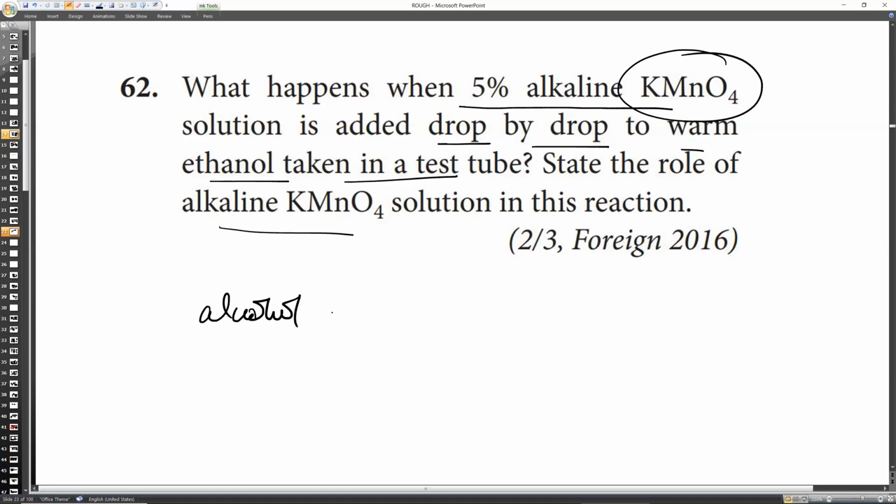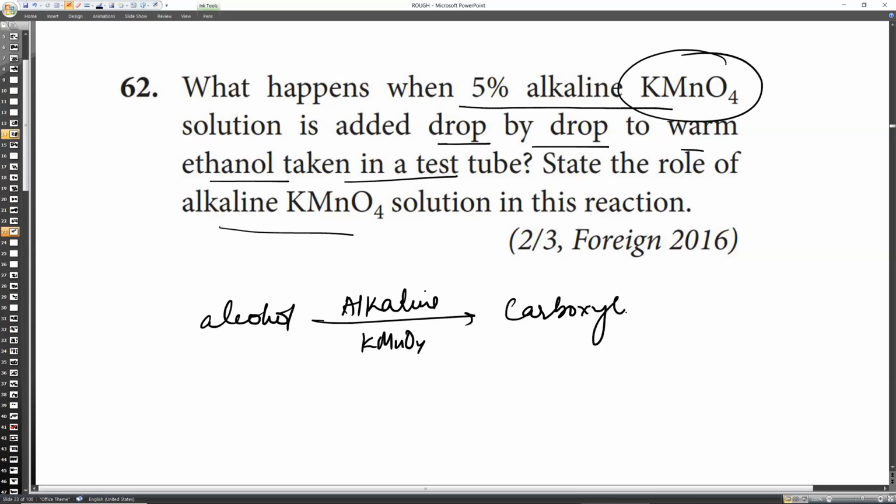This is the very first property: when alcohols are added to alkaline KMnO4, complete oxidation takes place and it gives you carboxylic acid plus water. If we have a 2 carbon alcohol, it gives a 2 carbon carboxylic acid. If it is a 3 carbon alcohol, it gives a 3 carbon carboxylic acid. Here it is ethanol. Eth means 2 carbon, so it is a 2 carbon alcohol.